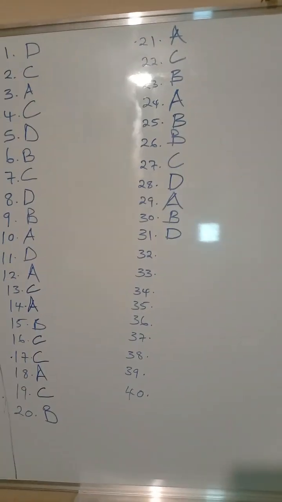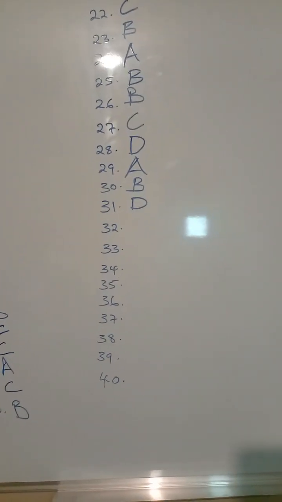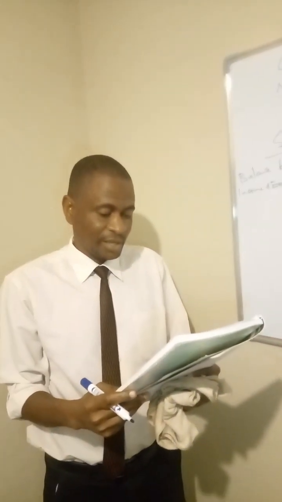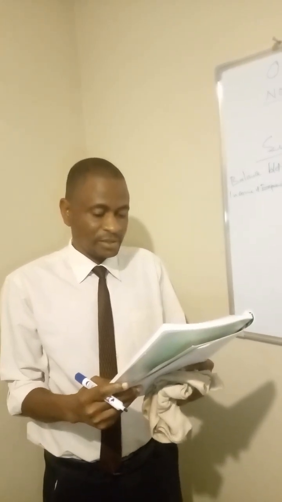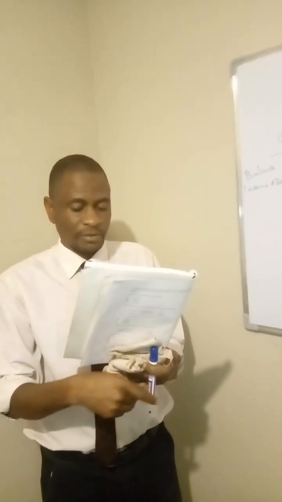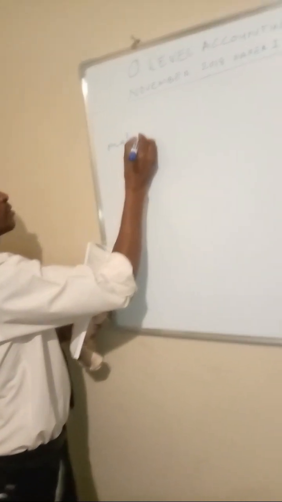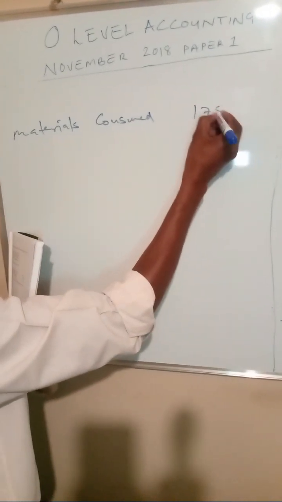D. Now on number 32, a manufacturer provides the following information: cost of raw materials consumed, total overhead costs, manufacturing wages. What is the prime cost? Materials consumed are 175,000.